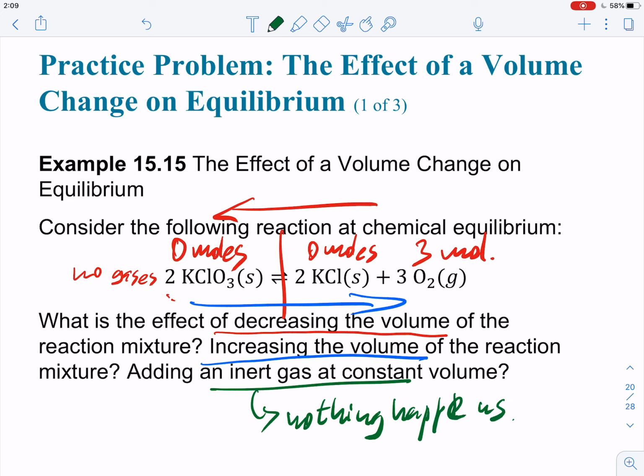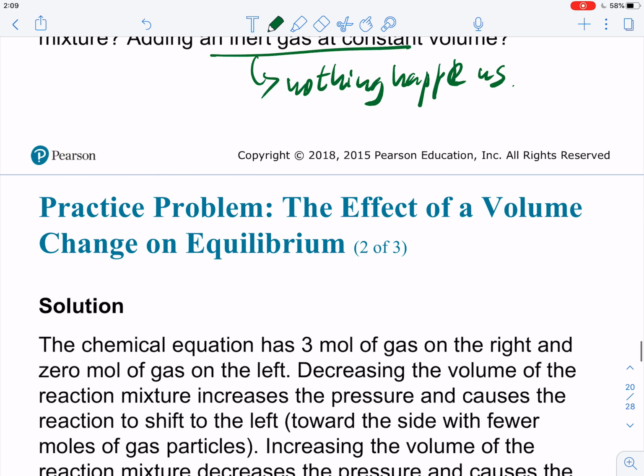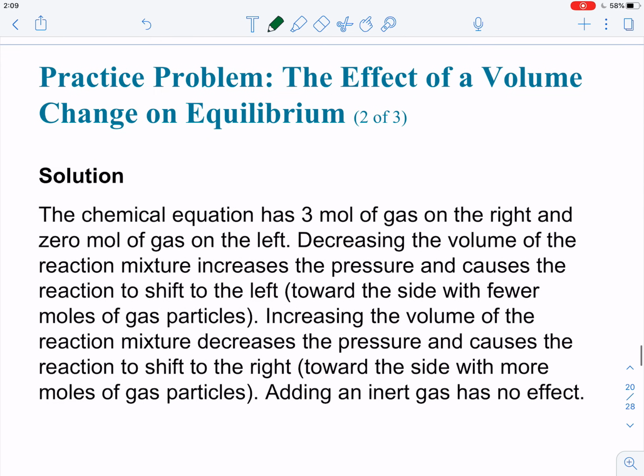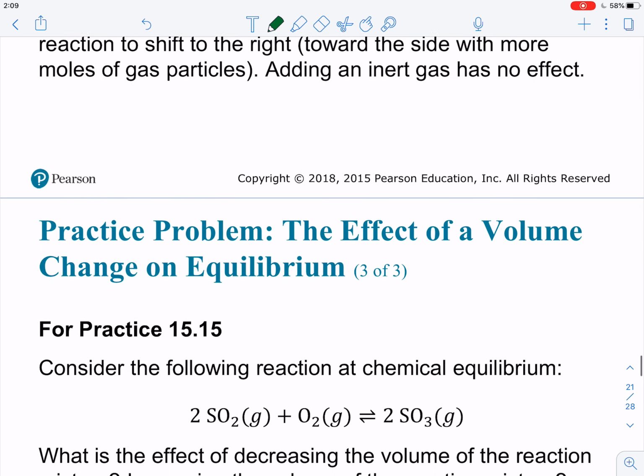Okay, in order for a gas to cause an impact on the chemical equilibrium, then it has to be an active gas, something that is actually part of the reaction. If not, there is nothing there, it won't have an impact. Okay, so this is the explanation to what we were discussing on the previous reaction.